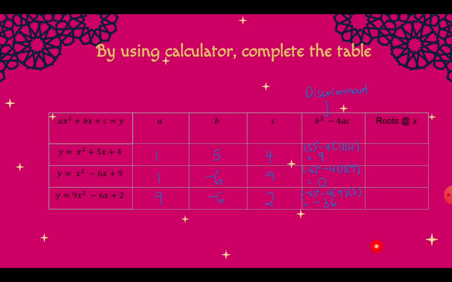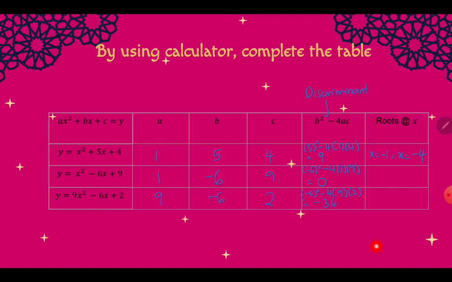Since we just need to find the values, I suggest you use your calculator. For y equals x squared plus 5x plus 4, we will have two values of x: x equals negative 1 and x equals negative 4. Two different values.